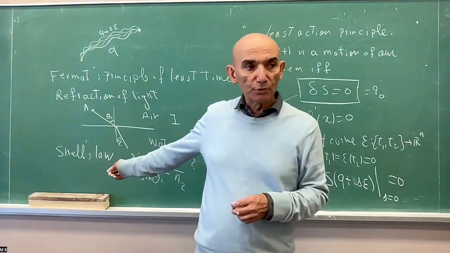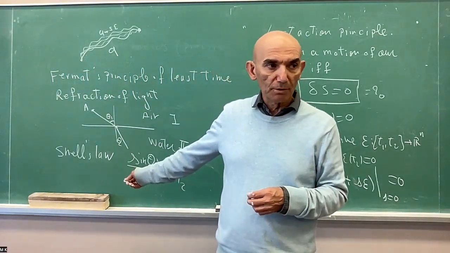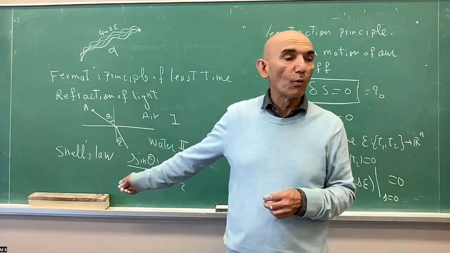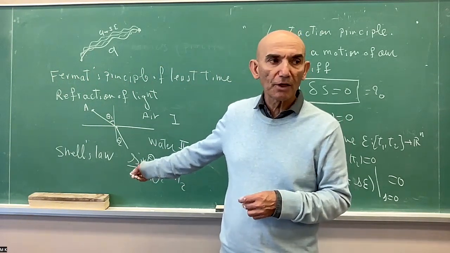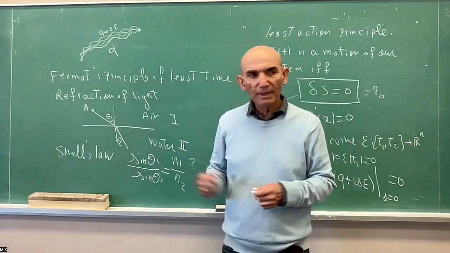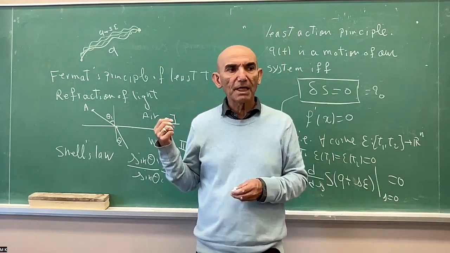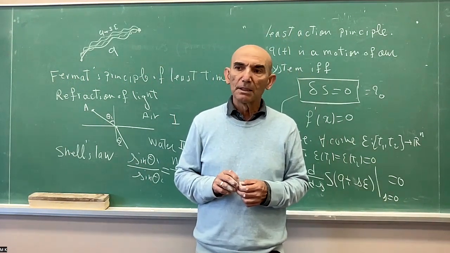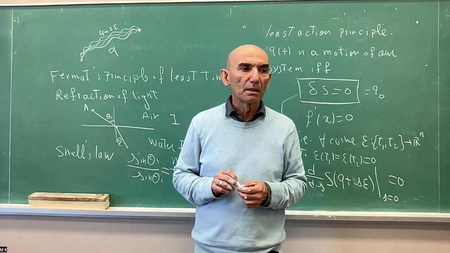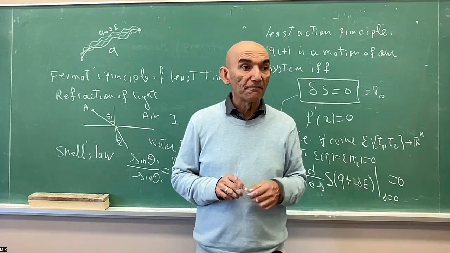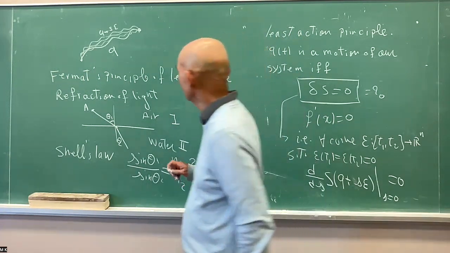So people wanted to derive this from first principles. How can you prove this? And there was a precedent to this. There was a case which was done already 2,000 years before Snell. That is the law of reflection.